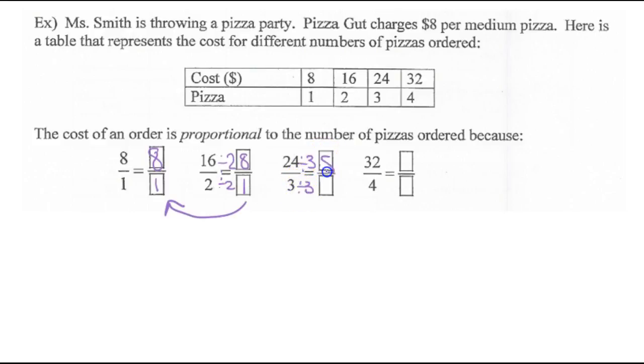We're going to get 8 over 1. Again, it matches. And then $32 for 4 pizzas. If we change this into unit rate form, again, we're going to get 8 over 1. So this table right here is proportional because all of the unit rates are constant.